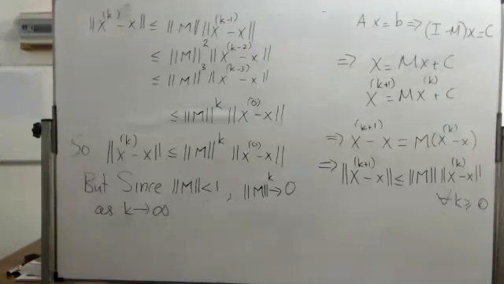So 1 upon 2, 1 upon 3, 1 upon 5, whatever it is, smaller than 1. And when you take it to the kth power and let k go to infinity, it will go to 0.